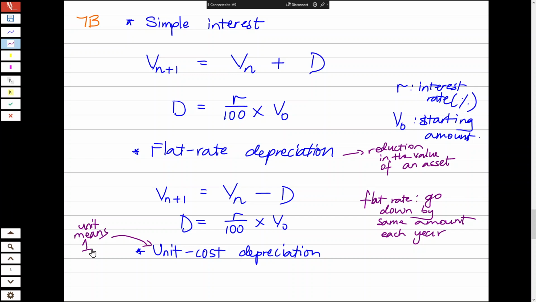So the unit circle in year 11 maths methods is a circle of radius 1. Unit cost means one use. So again, it's going to be Vn plus 1 equals Vn minus D. D is the cost of one use.